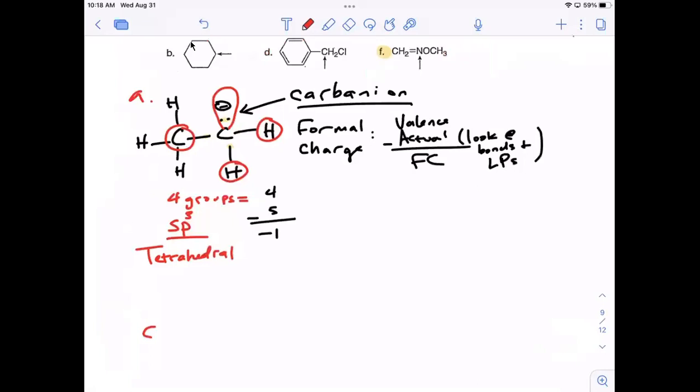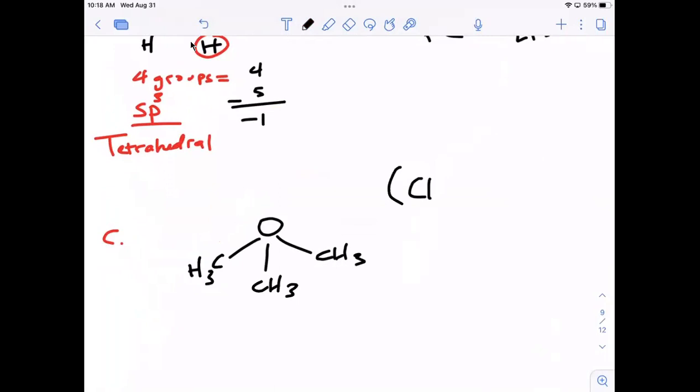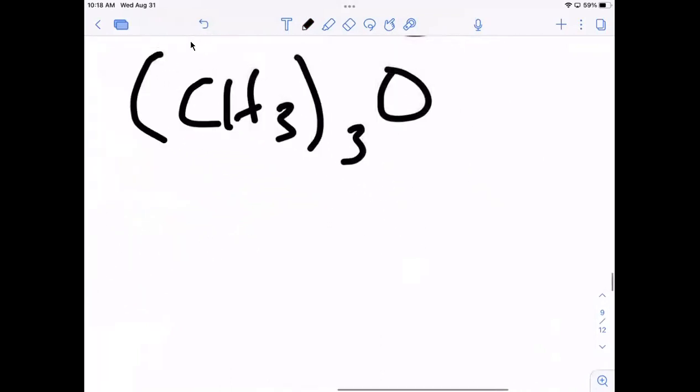C is oxygen. It has a plus charge, so it's oxygen with 3 methyl groups attached to it. And let me give you another nugget, because we're going to be talking about condensed formulas in a minute.